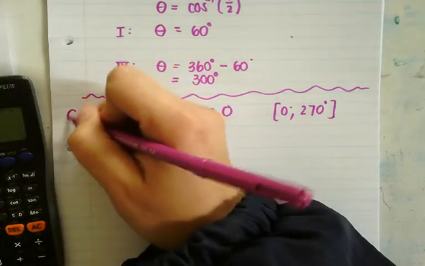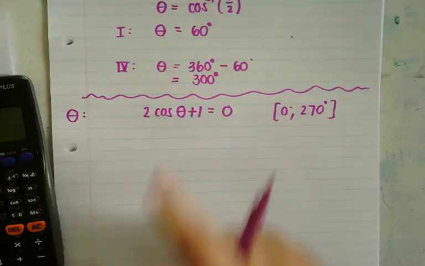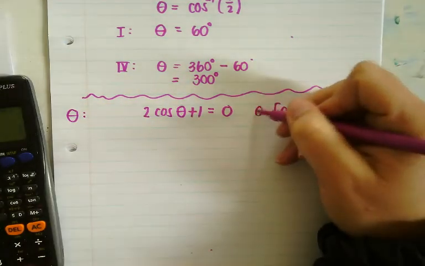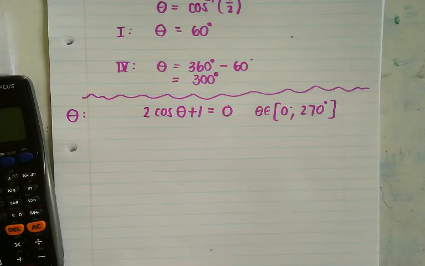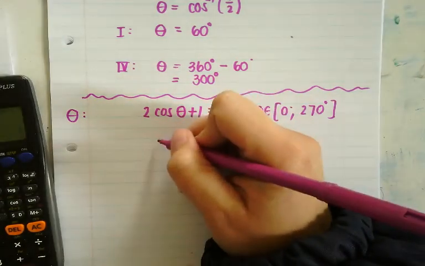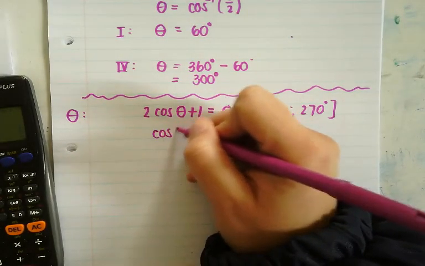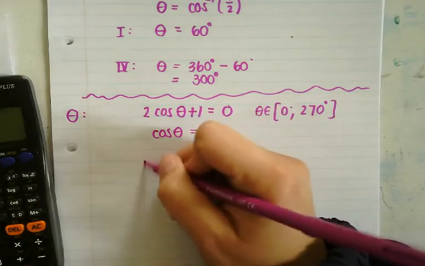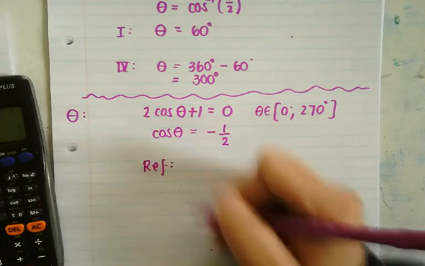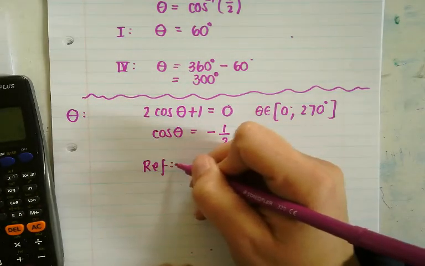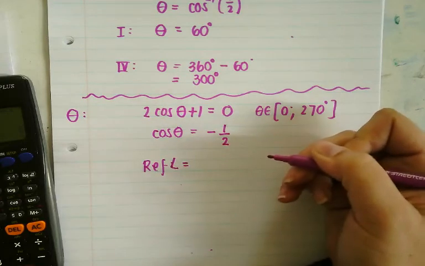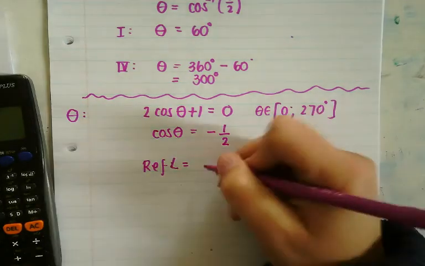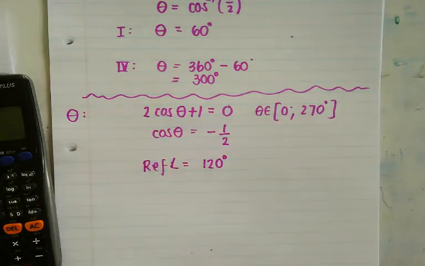Okay, so I want theta given that cos theta equals negative 1/2, in the domain of 0 to 270. So theta is an element of 0 to 270.